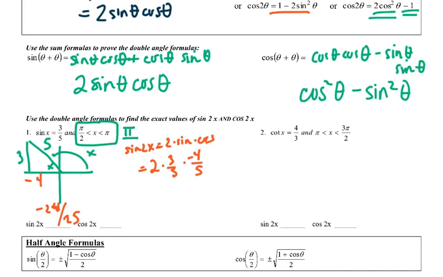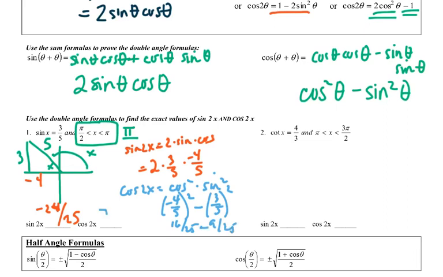For the next one, cos of 2x is cos squared minus sine squared. So the cos we said was -4/5 squared, minus sine squared, which is 3/5 squared. So I have 16/25 minus 9/25, which is 7/25. So I'm basically drawing the triangle and then plugging in the formula.